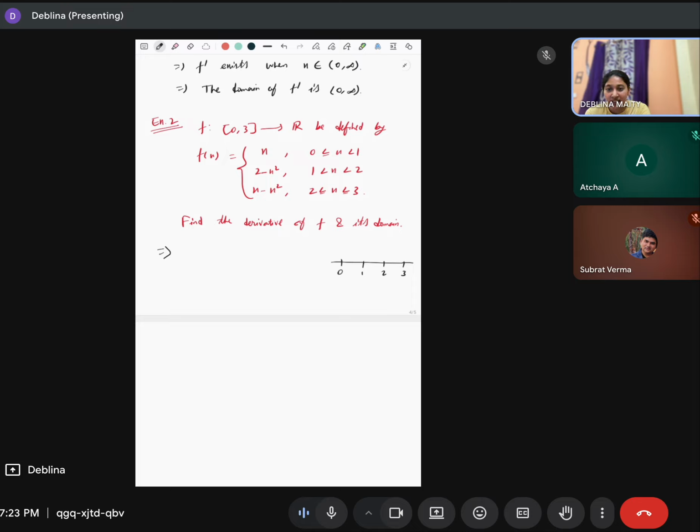And again between 2 and 3 this is x minus x square, so it is also continuous, right? So we have to check at the points 1 and 2.